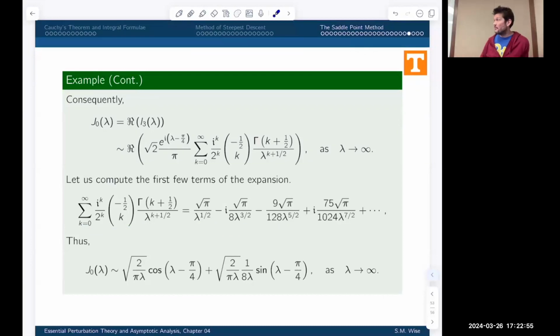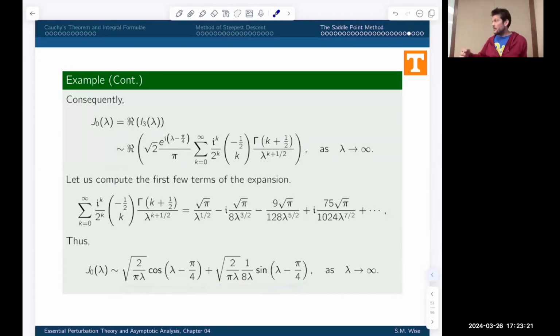You take the real part of that, etc. And I can do this for an infinite series. I'm only going to truncate to 2 terms though. This is the term that we computed as the Bessel function approximation using the method of stationary phase. And this is the next term that we get from the asymptotic expansion that we just did using steepest descent.